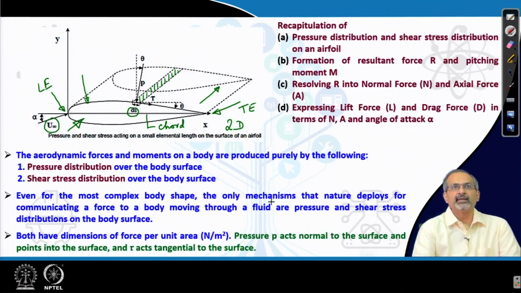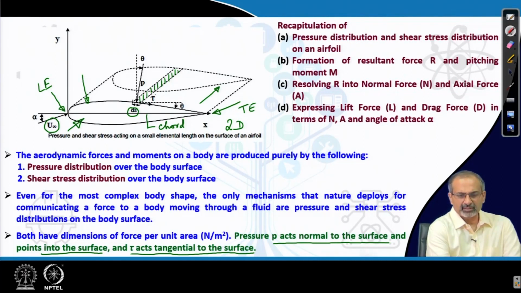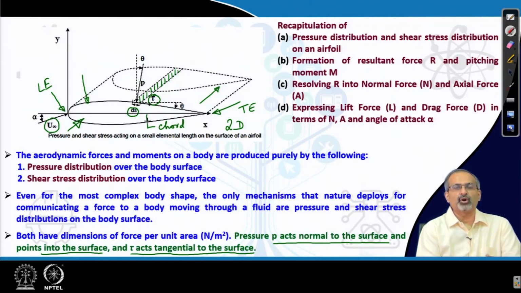On that small element, there is pressure which is acting normally, and remember that pressure acts into the surface. There is also shear stress which acts tangentially to the surface, and it has a tugging effect on the body, because it plays the role of friction which opposes the motion.